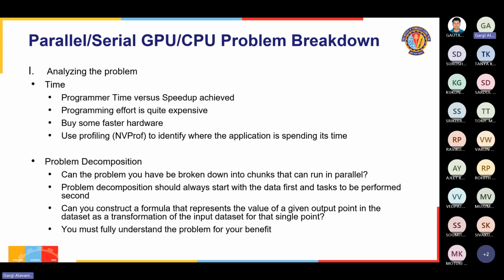There could be other sorting algorithms which are otherwise not so efficient when you do them serially, but have enough scope for parallelism. So, can you construct a formula which will represent the value of a given output point and then create a transformation to the input data set and understand if this problem decomposition works or not?